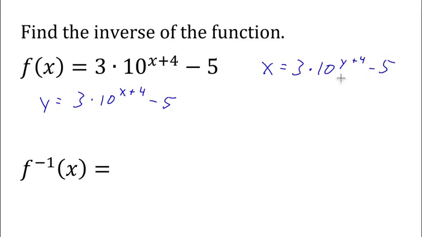And now we're trying to get 10 to the y plus 4 all by itself. So the first thing we'll undo is this minus 5. And we need to divide both sides by 3.